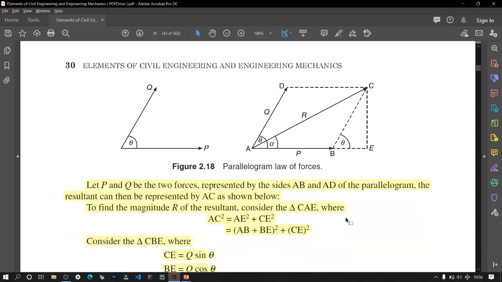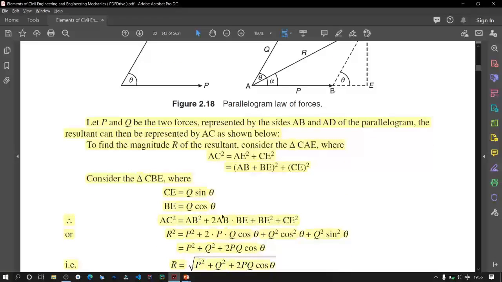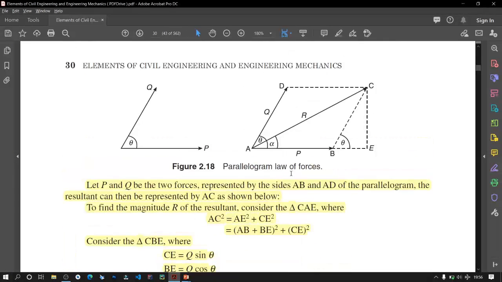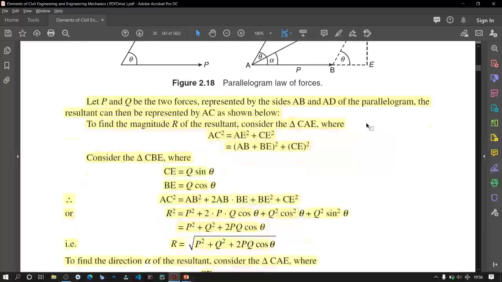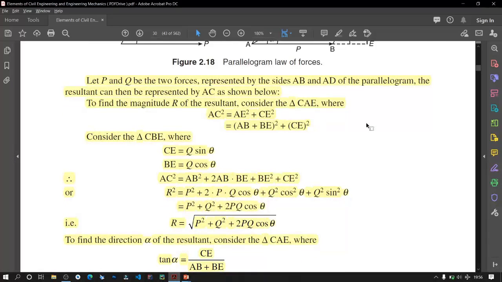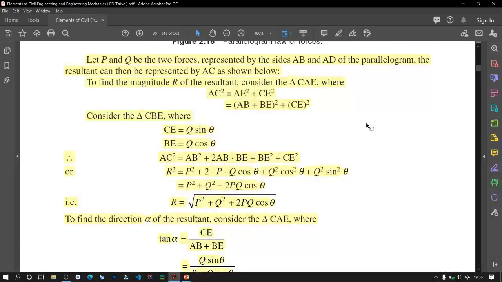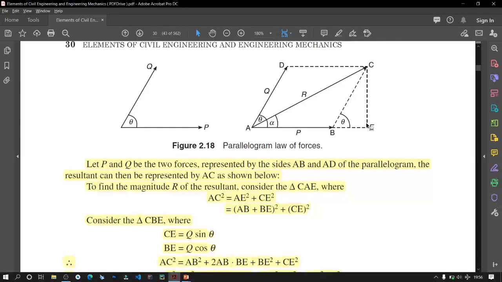Then from trigonometry, just read this and see the diagram once. You have studied it in 11th, and it was used till 12th and in engineering exams also. You just have to revise it once.